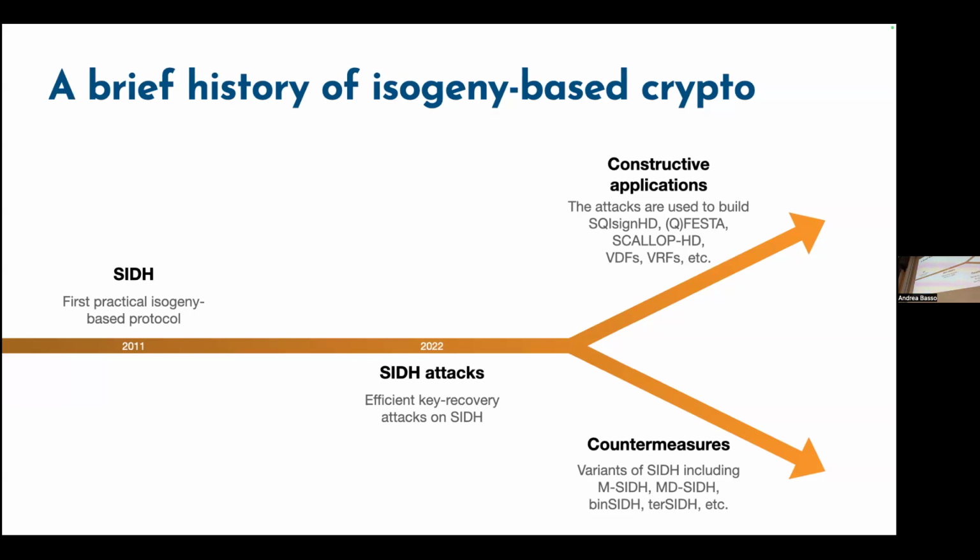For 10 years, we had new constructions, new protocols that built upon it. We have all sorts of developments. And then in the summer of 2022, in the infamous summer of cryptanalysis, SIDH got completely broken because we obtained a full key recovery attack. It was proposed in 3 breakthrough papers.